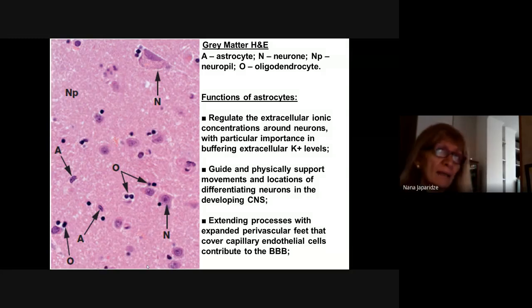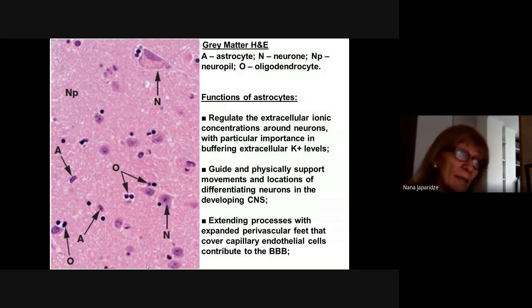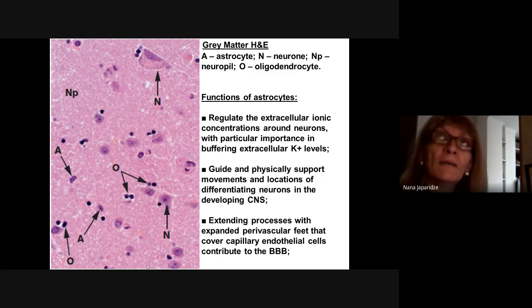Via this, the neurons will be able to function properly. And besides the real physical support, they are also able to guide movement of neuroblasts, as I have already told you, during embryogenesis.